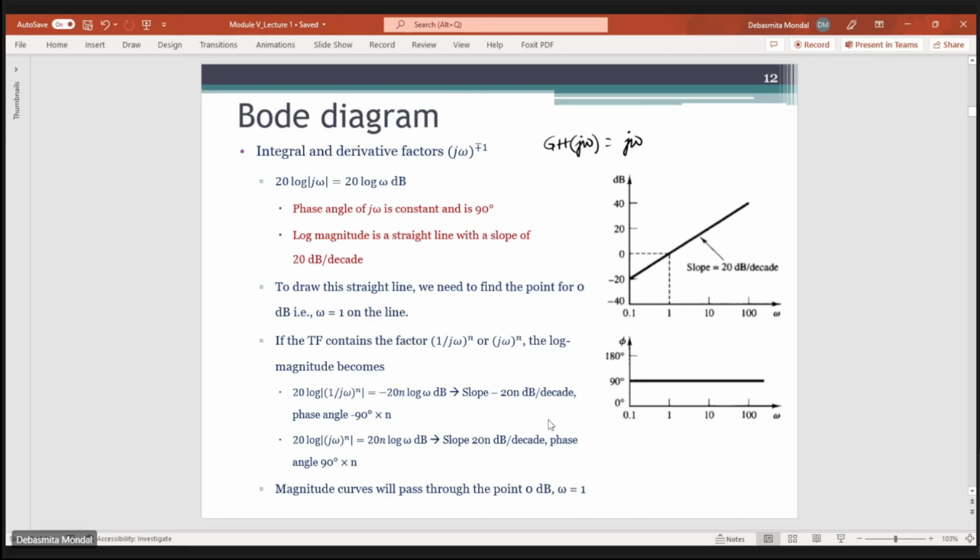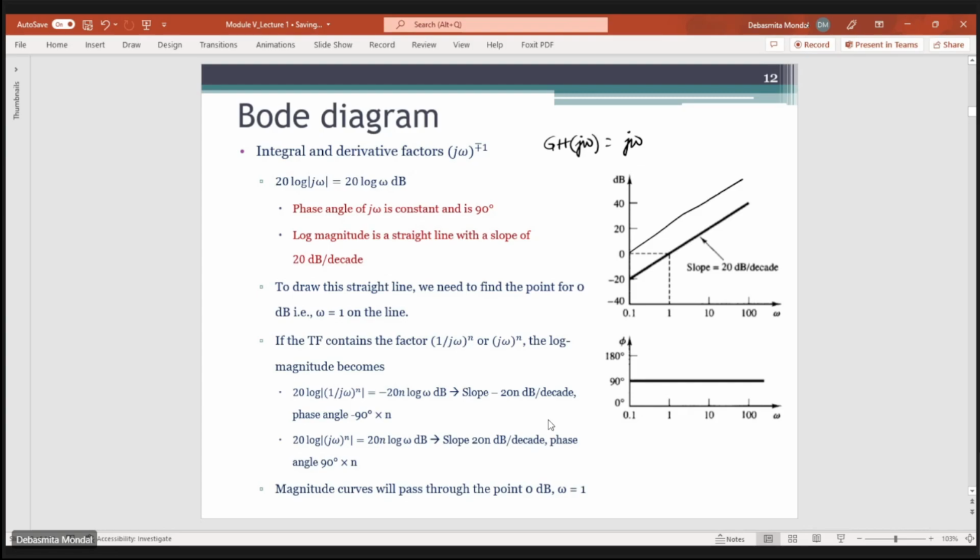Now in order to draw this straight line, what we need to do is find out the 0 dB point. The slope of 20 dB per decade can be anything, right? If I draw a line parallel to this, this is also plus 20 dB per decade. Then how do we find out which one is the actual curve?